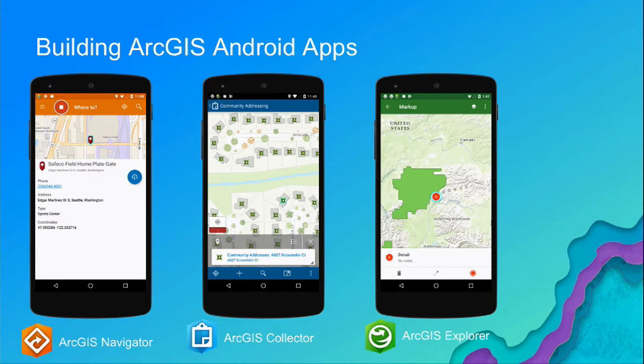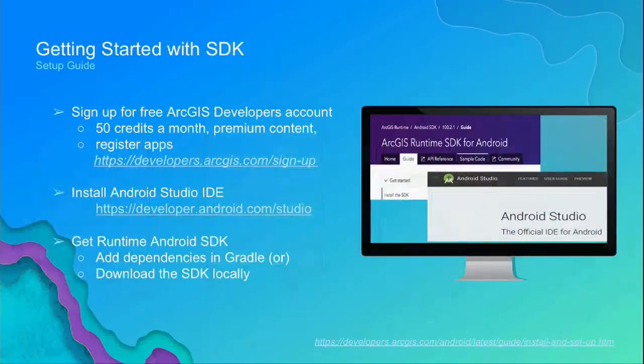So these are the kinds of scenarios where you would want to build apps and use the Runtime Android SDK. And for that, you need to get started somewhere. So we'll first go through the way to get started and how to get the resources to get started.